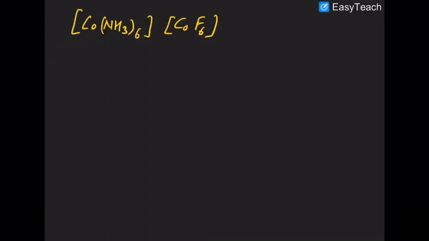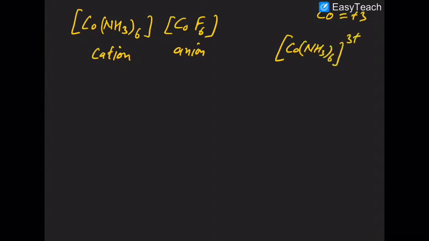Look at this compound also. This is also a cation, this is an anion. Overall -6 is there because 6 fluorido is there. So you have 2 cobalt in +3 state. So the cationic complex exists like that, while the anionic complex exists like this.